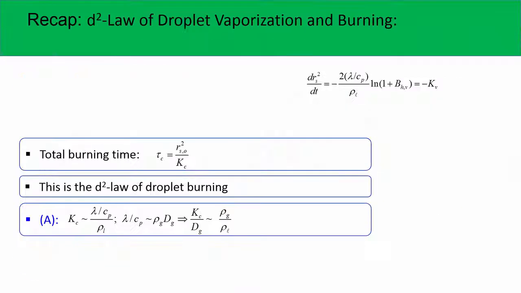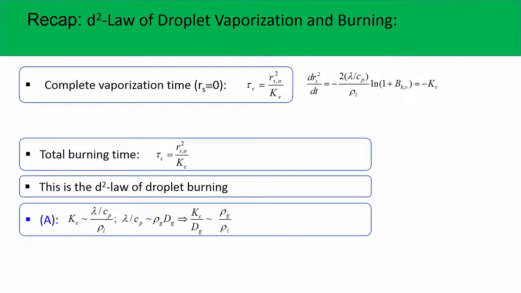But recap that we also need small droplets, because if you remember, the droplet vaporization time was essentially proportional to the initial droplet radius divided by the droplet vaporization constant Kv, and it was given by this expression.